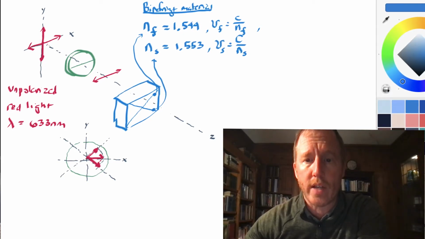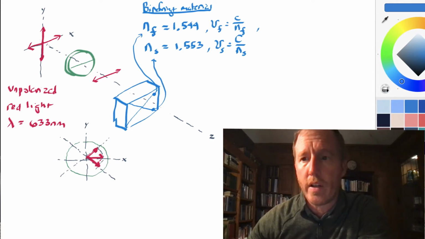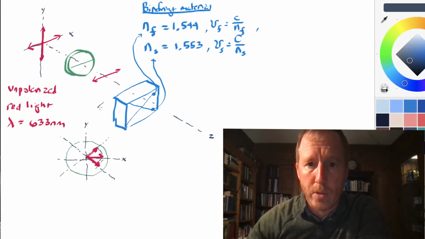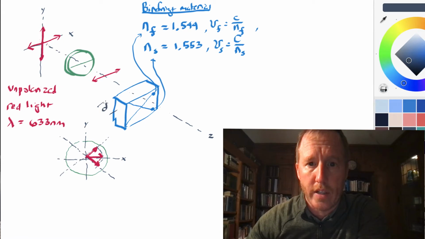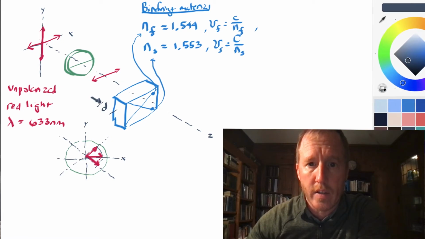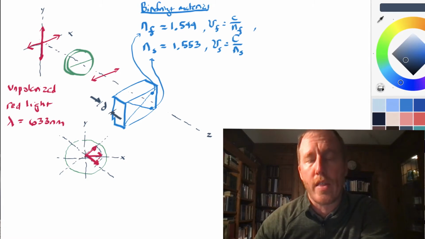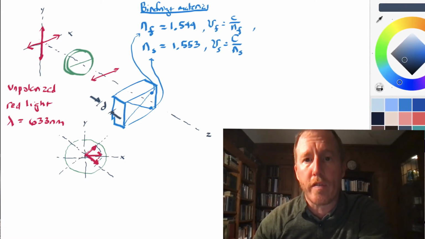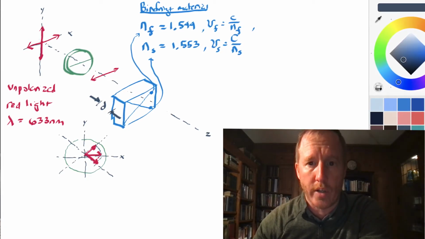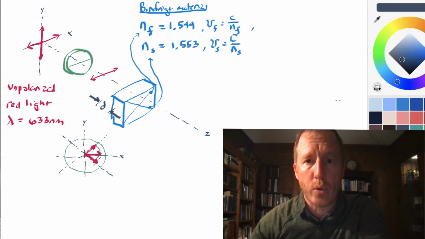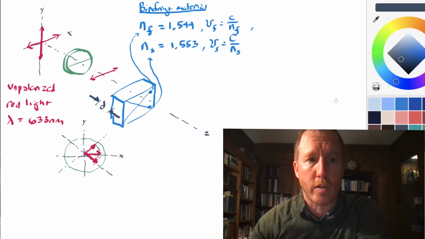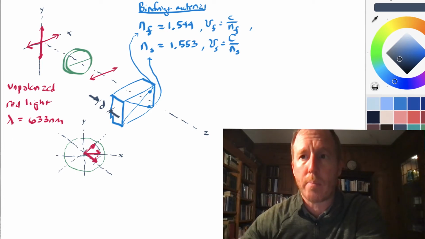So the point is that, again, if this crystal has some particular thickness, let's call that thickness D, by the time these two different polarizations have gone through that thickness D, they will be out of phase potentially with one another. How much they are out of phase with one another depends on the thickness of the crystal. And so let's set up a particular condition.